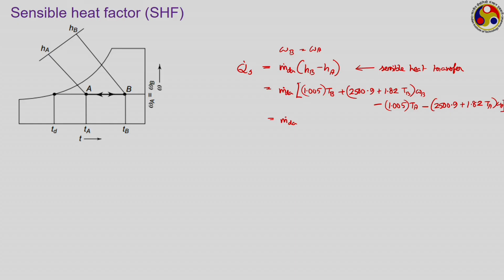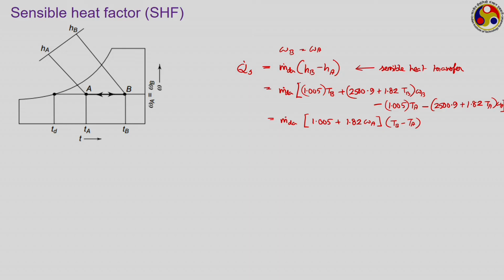So in this case the 2500.9 goes off, and that leaves us 1.005 plus 1.82 into omega A, into T B minus T A.